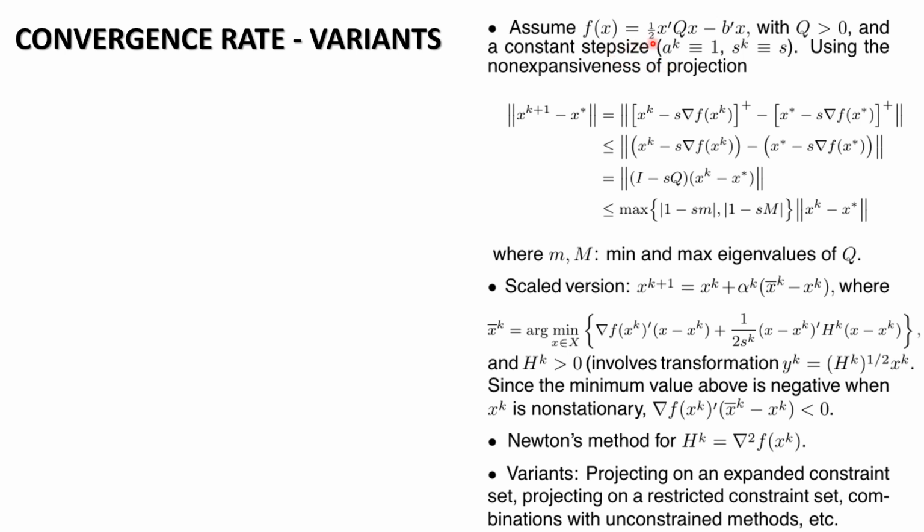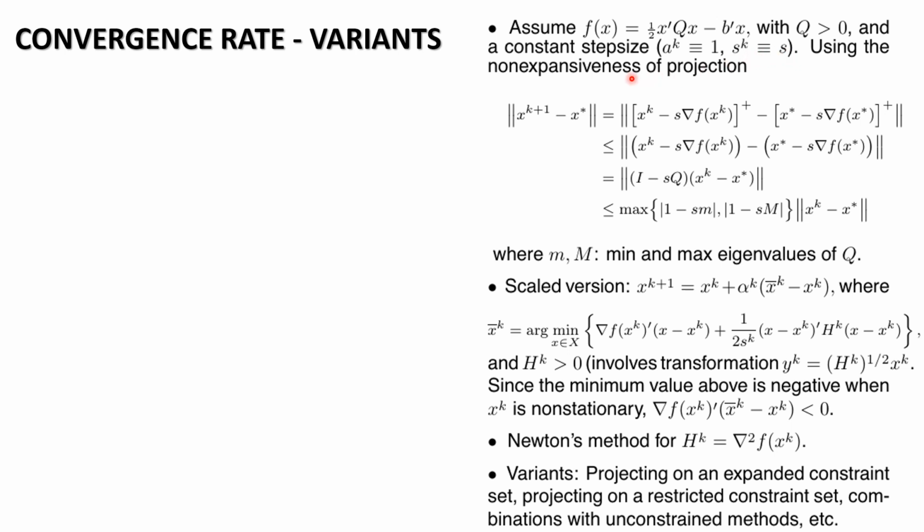That objective is quadratic and the matrix Q is a symmetric positive definite matrix, so F is convex and smooth. And we can consider the gradient of F as Qx minus b.